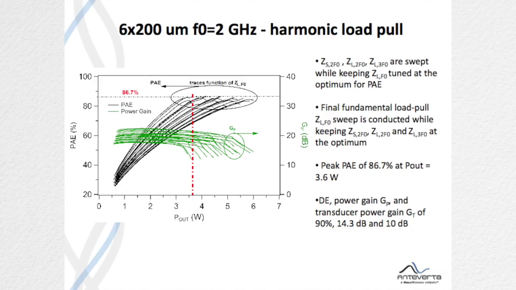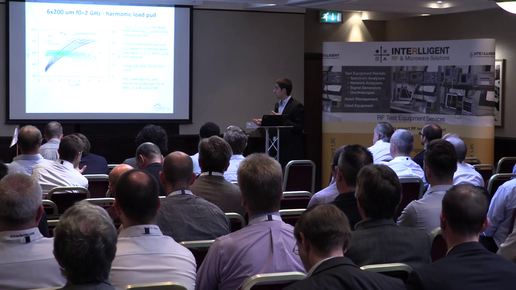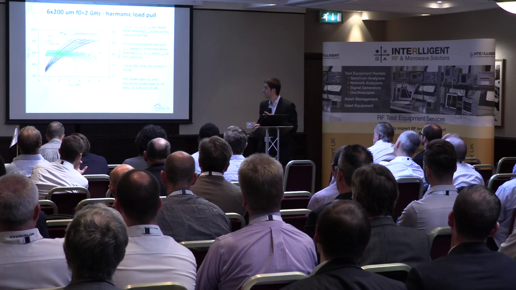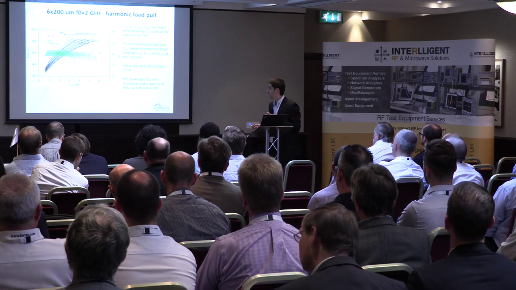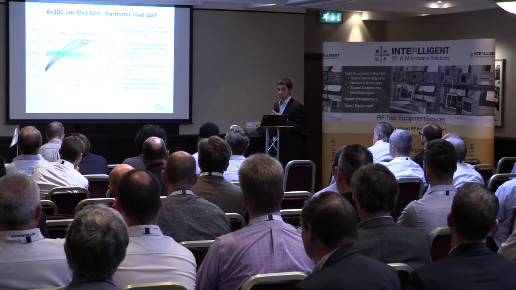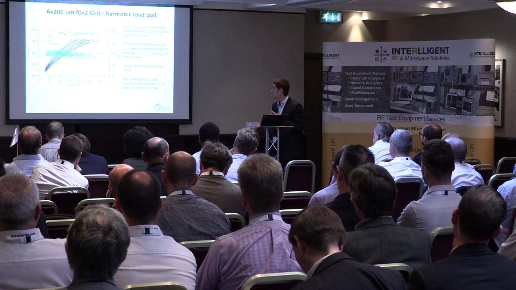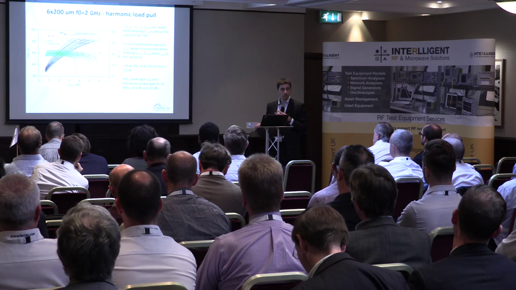Here we fix the fundamental impedance to the peak PAE found in the previous stage, and we start finding the optimum for 2F0 on the source and the load, and 3F0 on the load. And afterwards, in the final measurements, after finding the optimum of all these harmonic impedances, you sweep the fundamental again to re-optimize.